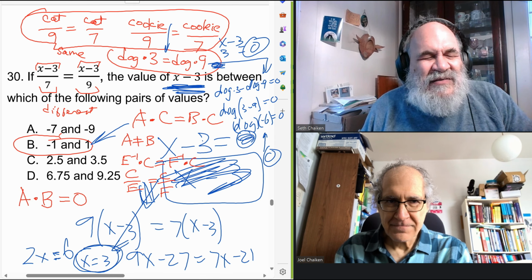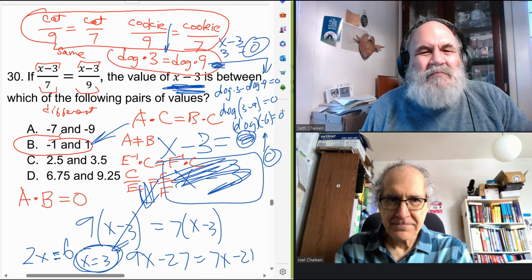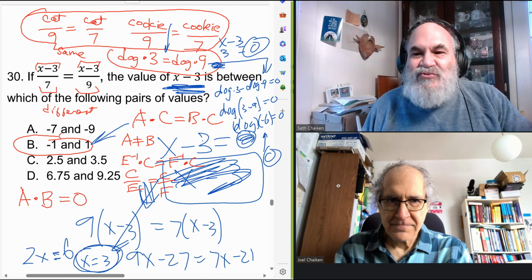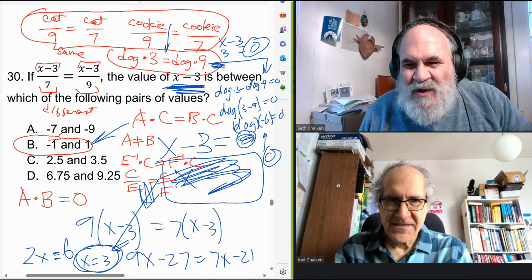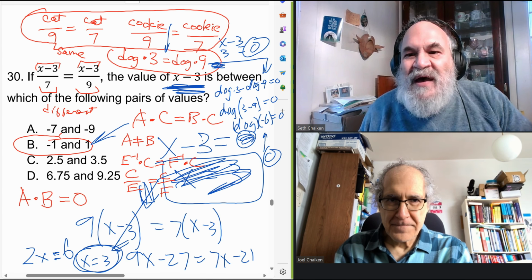There's a fancy name for it in mathematics, and it's the property of a ring being a domain.